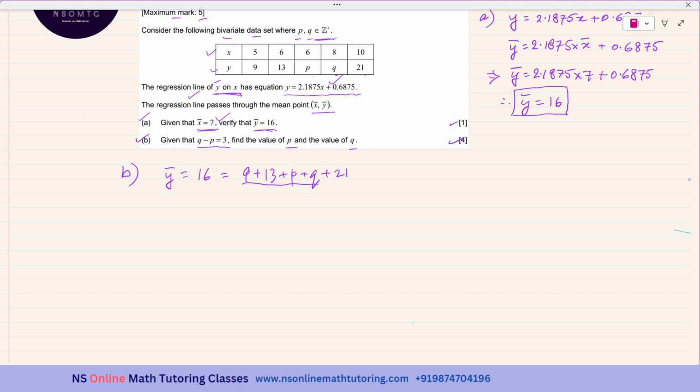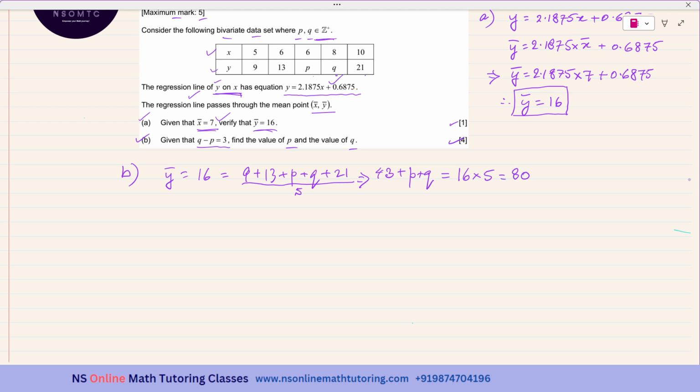So 9 plus 13 is 22, 22 plus 20 is 42, plus 1 is 43. So 43 plus P plus Q should be equal to 16 times 5, which is equal to 80.